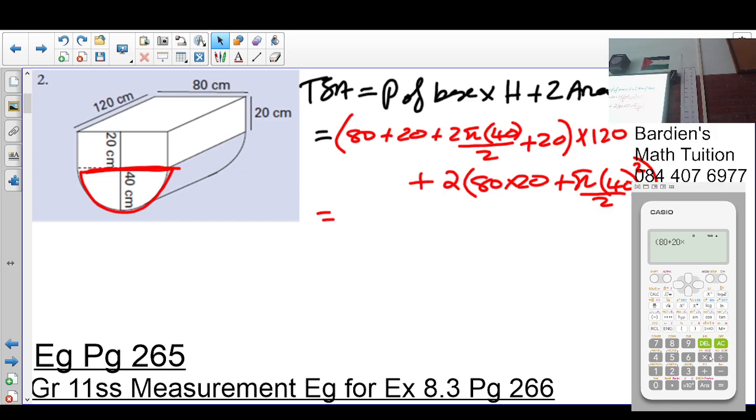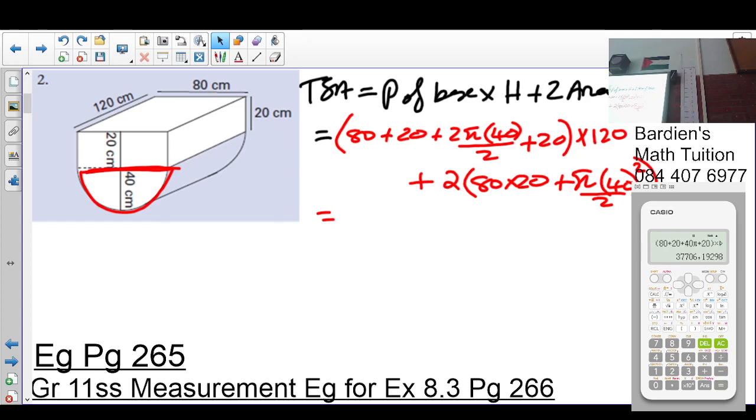So it's going to be 40 pi plus 20, times 120, plus 2 open brackets 80 times 20 plus pi times 40 squared divided by 2.